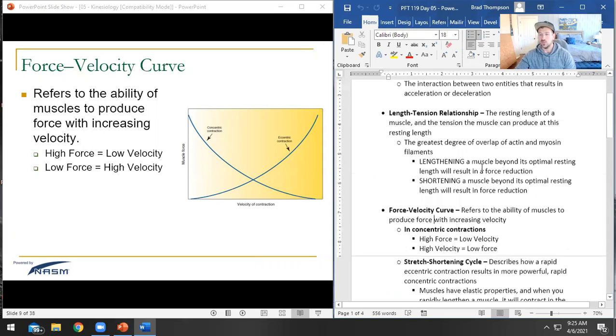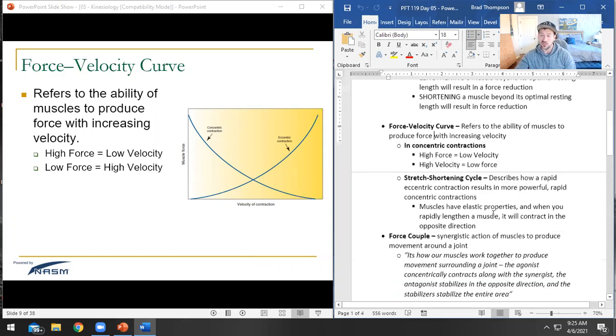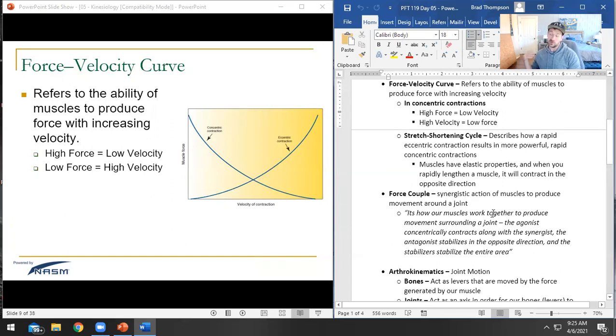Remember, we talked about how once a muscle is already shortened, it can't really produce very much force. But by that point, it's produced so much force that it can start producing increased velocity. So it can start getting faster, even though it's producing less force. When you think about a concentric contraction, if something is high force, meaning it's heavy, it's going to have low velocity.